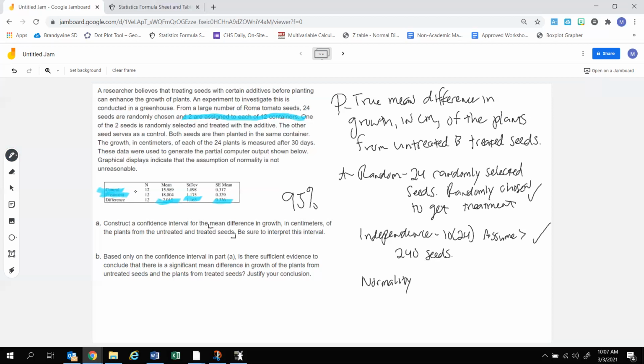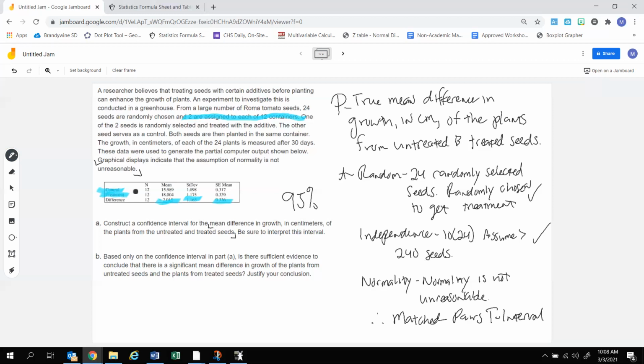For normality, it says graphical displays indicate that the assumption of normality is not unreasonable. So we're given that. It's stated normality is not unreasonable. And therefore, this is a matched pairs t interval.